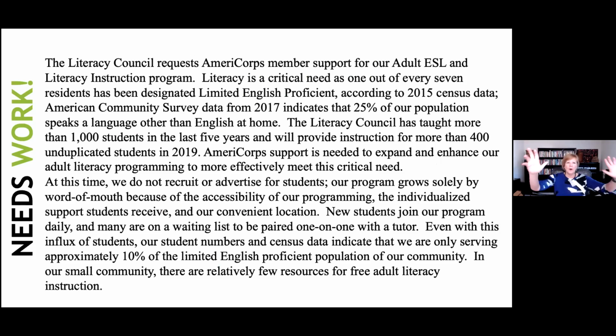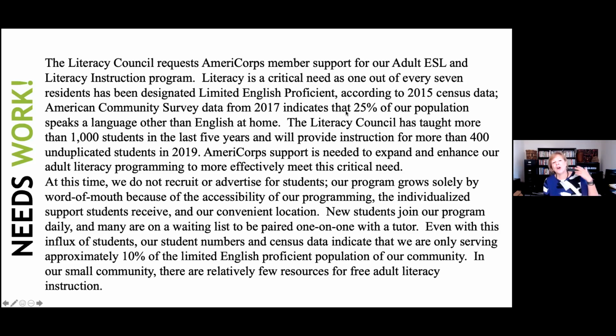Now, this is a big old bunch of words, but this is from an actual application I reviewed recently. So if you just look briefly at it, they've got 2015 census data, 2017.